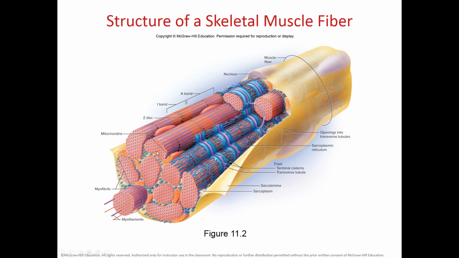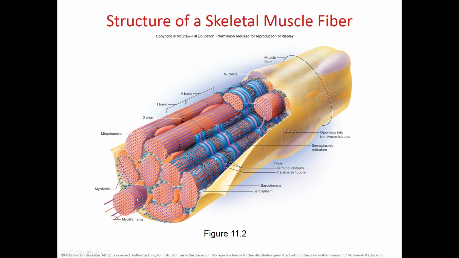And then in here you have the myofibrils with the alternating A bands and I bands, which are the striations that you see in the microscope. So the A bands stands for dark bands or anisotropic bands, and the I bands for light bands or isotropic bands.